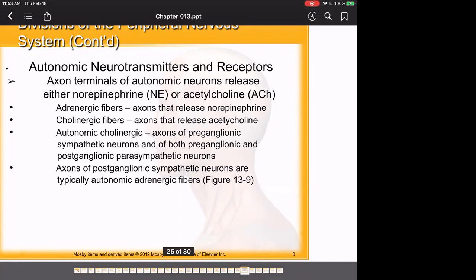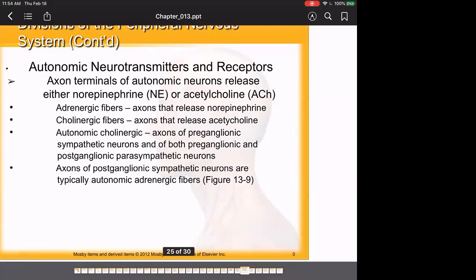Norepinephrine, we have not, but you may have heard of epinephrine. Epinephrine is also known as adrenaline. That is a hormone. Norepinephrine is a neurotransmitter. There is a slight difference between them. Epinephrine has an additional methyl group.